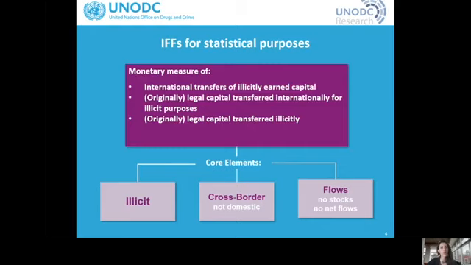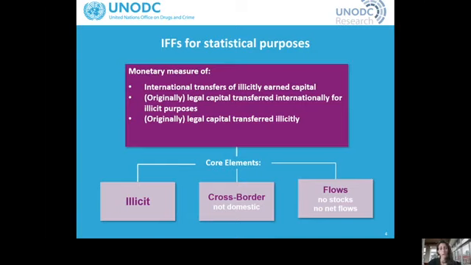The two agencies started from identifying what illicit financial flows are and what can be brought into this definition for statistical purposes. Illicit financial flows have been identified as a monetary measure of international transfers of illicitly earned capital, as well as originally legal capital transferred internationally for illicit purposes, and legal capital that has been transferred illicitly abroad or used for illicit purposes.